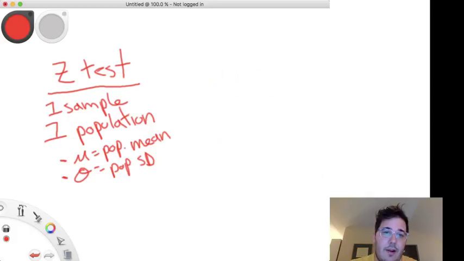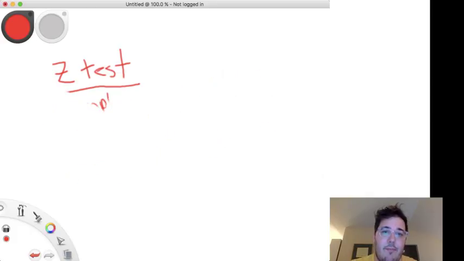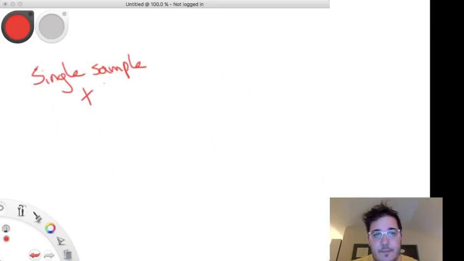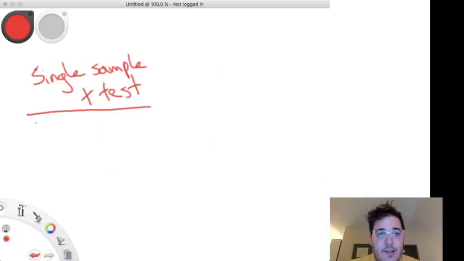Moving on from there, and building off of that, we have a one sample or a single sample t-test. So this is very similar to the z-test where you have one sample and one population.